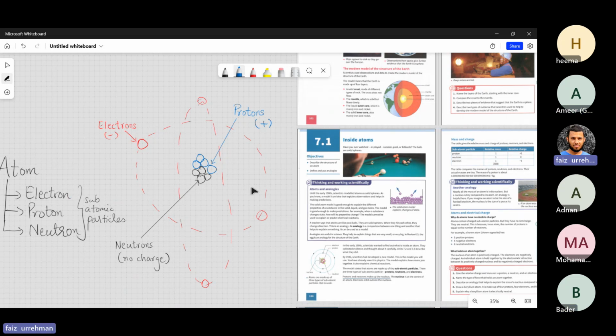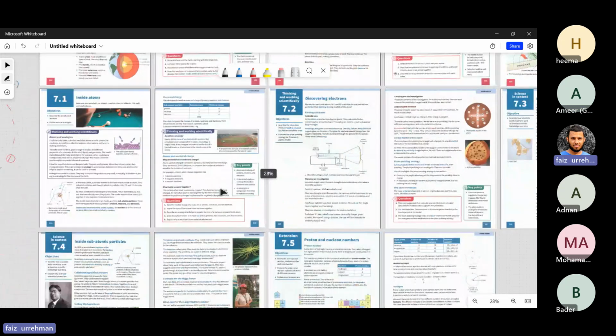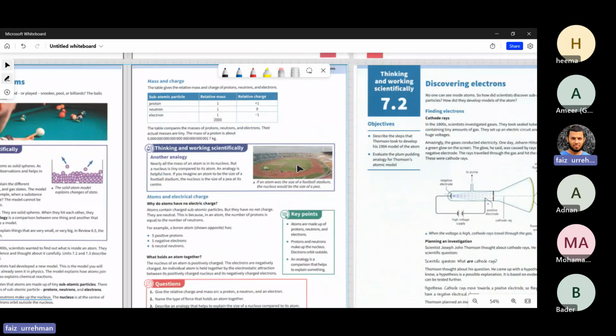But if there are fewer protons and more electrons, the overall charge will be negative, a negative ion. And when you have fewer electrons but more protons, the overall charge will be positive, a positive ion. We will study these ions, the cations and the anions.